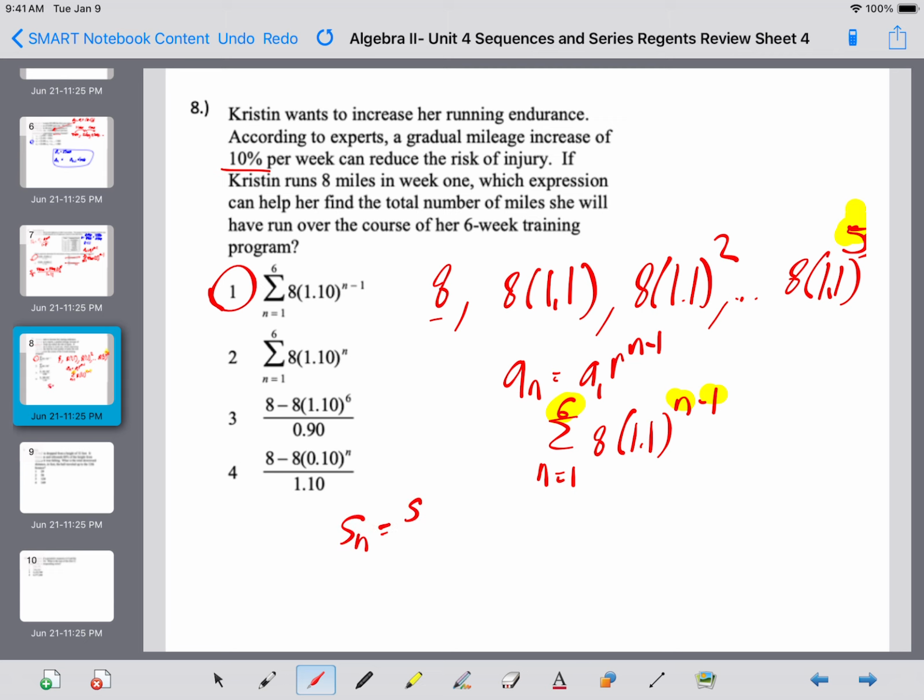use our geometric series formula. So a sub 1 would be 8 to the 6. Does that match? No, because it's 0.